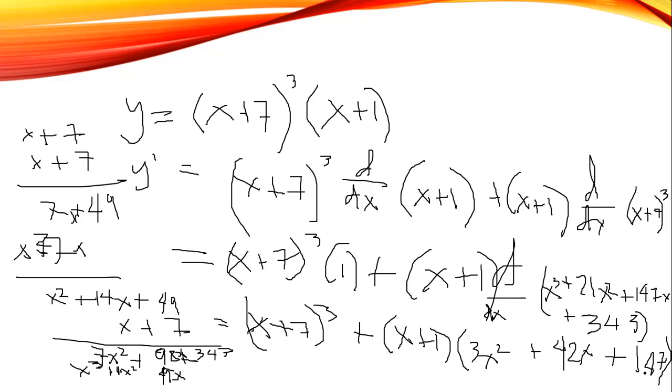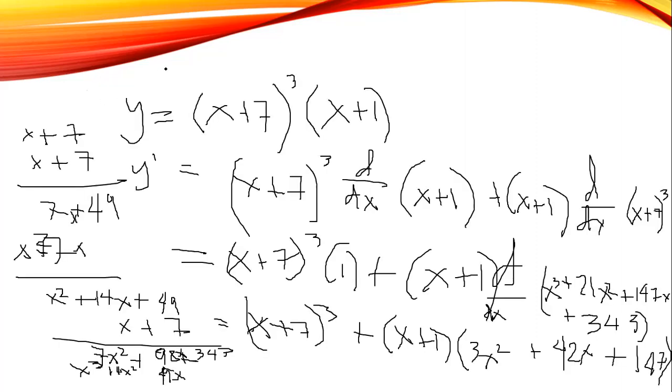So now, we can still simplify this. We have 3x squared, copy it, plus 42x plus 147 multiplied by x plus 1.